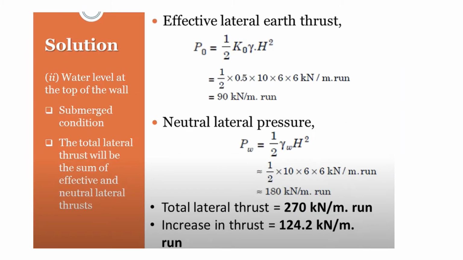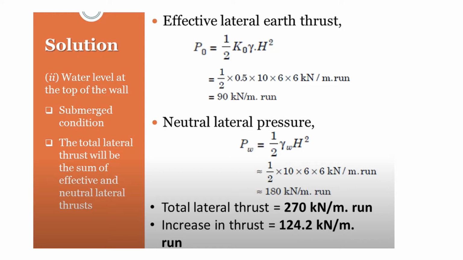Now coming to the second case, that is you are given the water table and which is at the top of the wall and the whole soil will be in the submerged condition and you are given the submerged unit weight as 10 kilonewton per meter cube, and so the total lateral thrust will be the sum of the effective as well as the neutral lateral thrust.